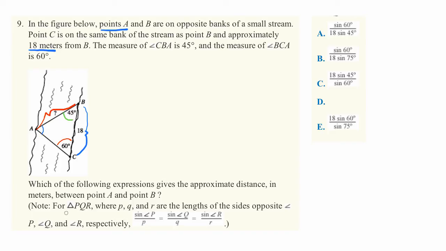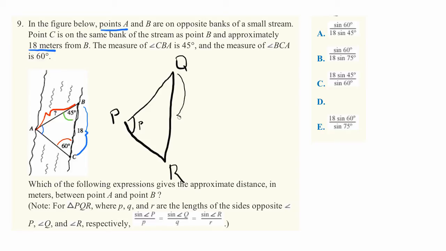And so to do this, let's try to draw out exactly what they're saying here. They're saying for a triangle defined by the points P, Q, and R. So here I'm going to draw a triangle, and I'm going to label it with points P, Q, and R, where little p, little q, and little r are the lengths of the side opposite from angle P, angle Q, and angle R. So what they mean is that here I have angle P, and across from angle P, I have a side, and the distance of that side is called little p.